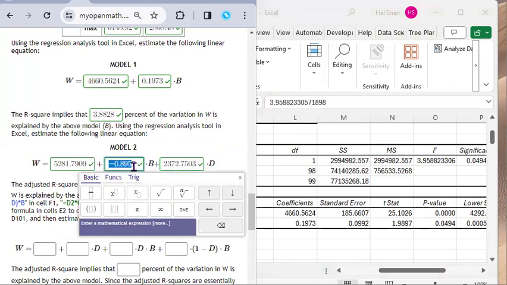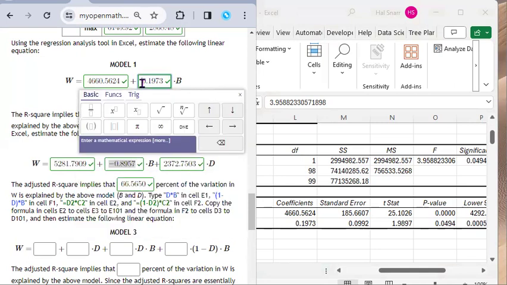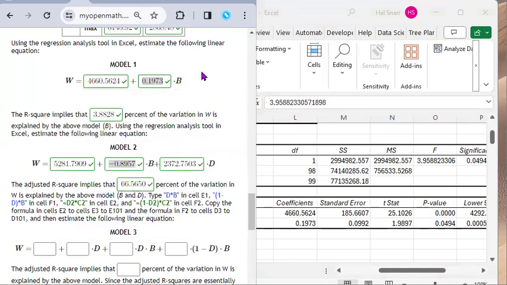This indicates there's a trade-off. This indicates there's no trade-off, and it's a number close to 0. So model 1 suffers from what we call omitted variable bias. We're omitting important information, this dummy variable. When we include that dummy variable that differentiates between the low productivity workers and the high productivity workers, we get a much better fitting model.